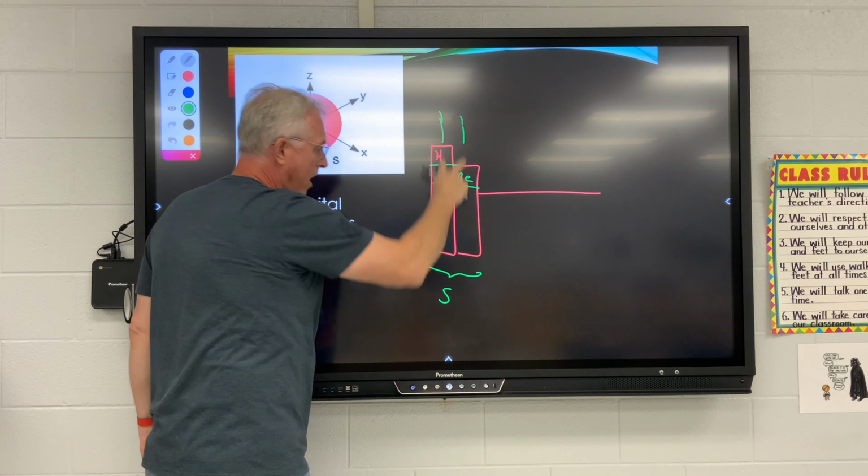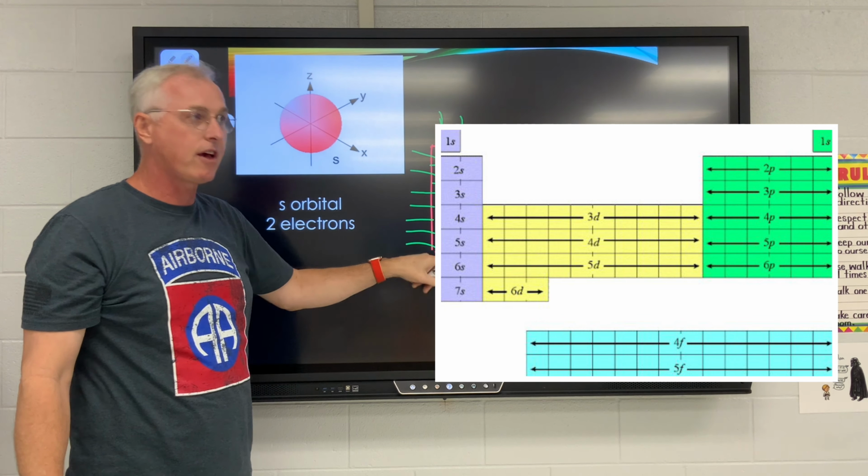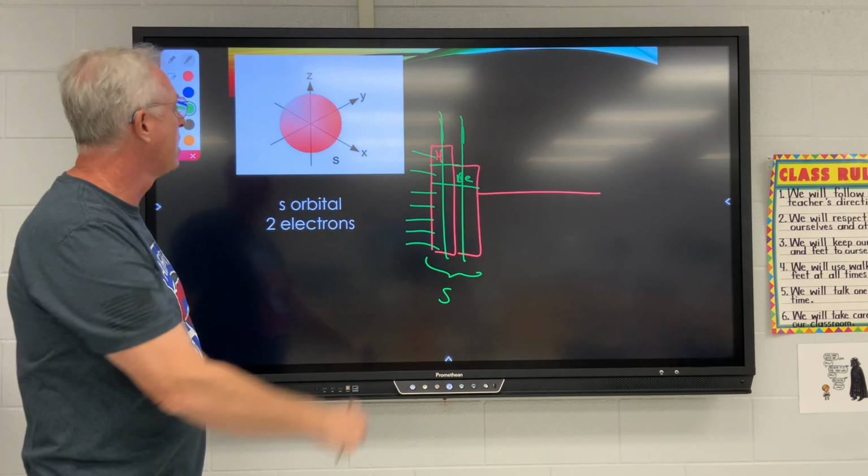These 2 columns are the s block, and there's 2 columns, 2 electrons. So it's 1s, 2s, 3s, 4s, 5s, 6s, 7s. And there are numbers down the side of your periodic table to help you get those. So s orbitals, you have to know the shape, spherical. The s orbitals on the periodic table are located in the first 2 columns.